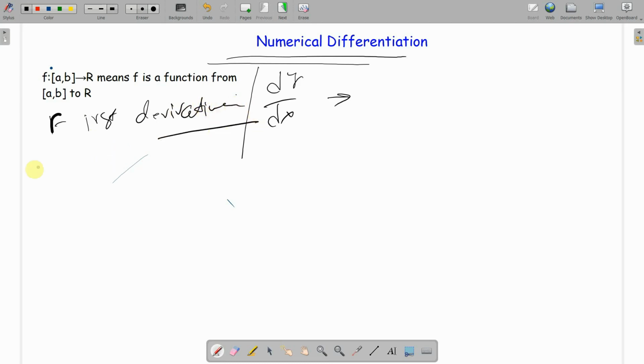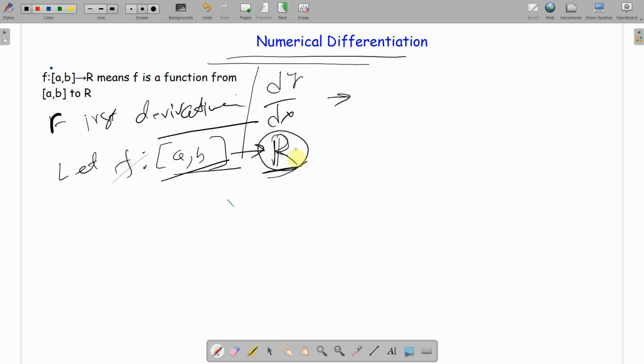from your school mathematics, and let's write f which belongs to a and b, or f from a and b in real space. So f is a function, this function belongs to the interval a and b, and is from the real space.